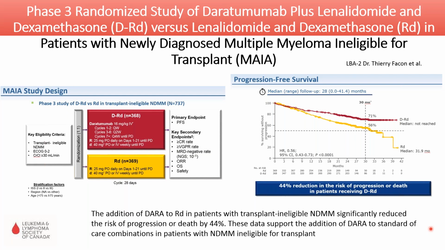So this clearly shows that adding daratumumab is going to make a difference in multiple myeloma patients. Now, I believe daratumumab is already funded in the relapse setting in many places. So I suspect they are going to petition to add it in frontline. And it is going to make a difference.